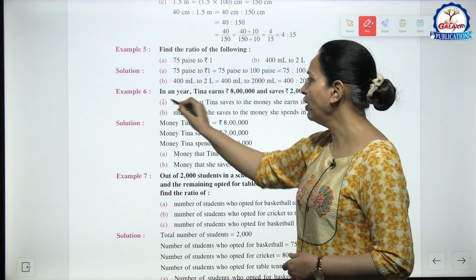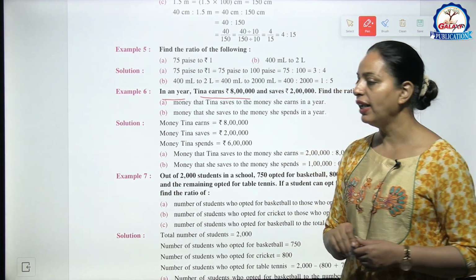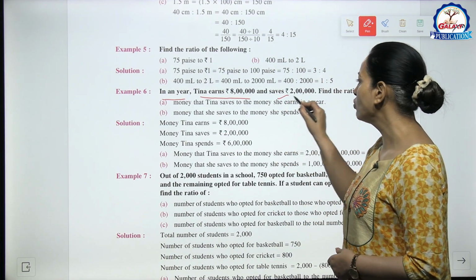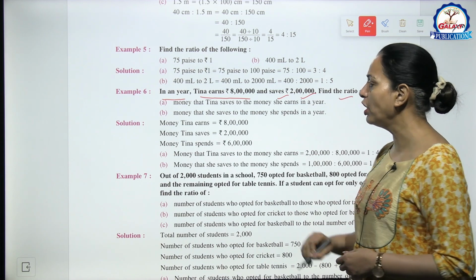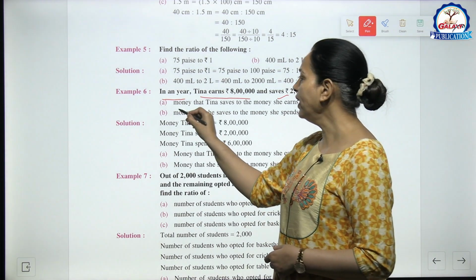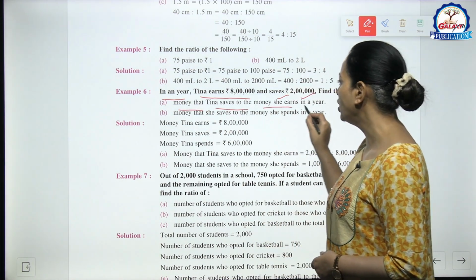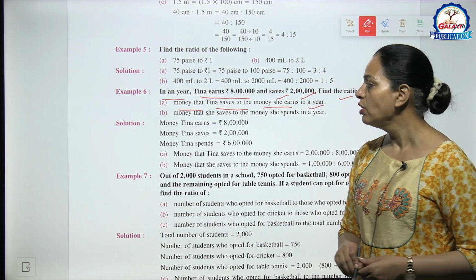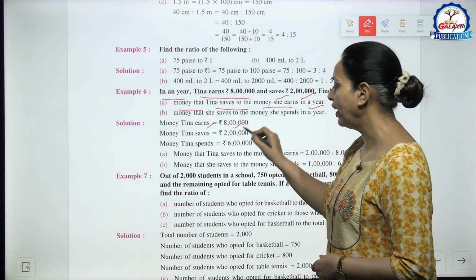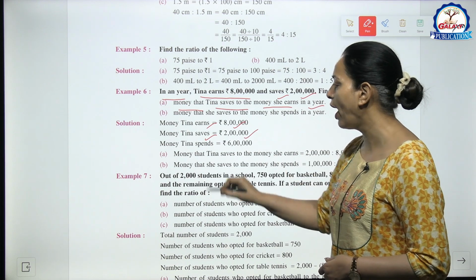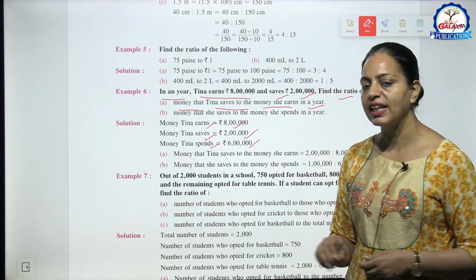Example 6. In a year, Tina earns ₹8 lakh and saves ₹2 lakh. Find the ratio of A part, money that Tina saves to the money she earns. So she earns ₹8 lakh, she saves ₹2 lakh, she spends ₹6 lakh.